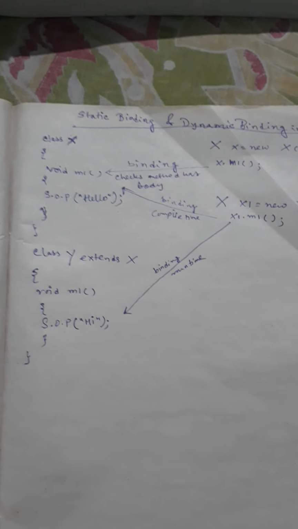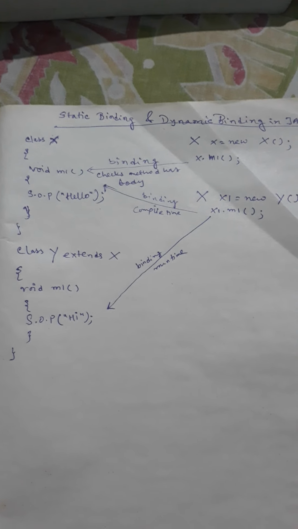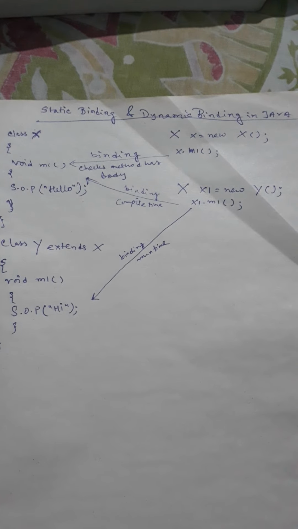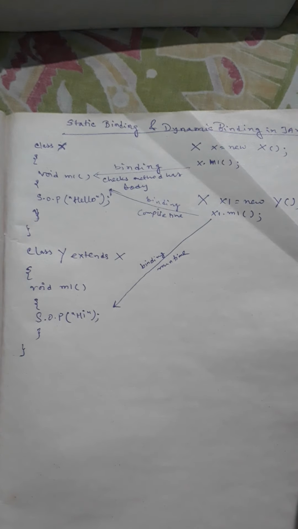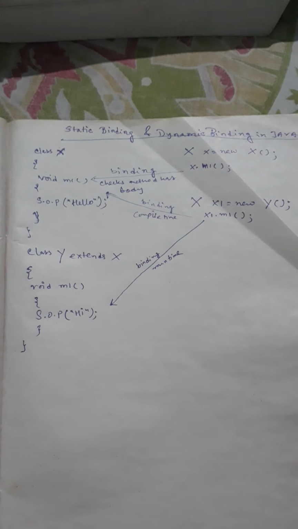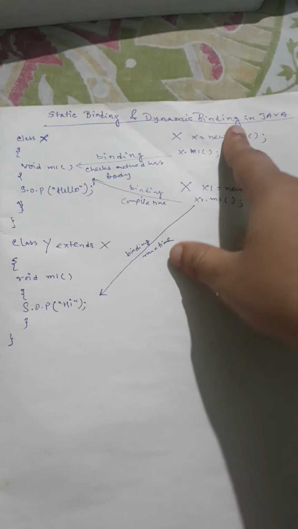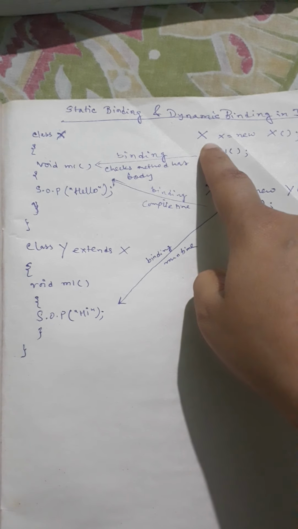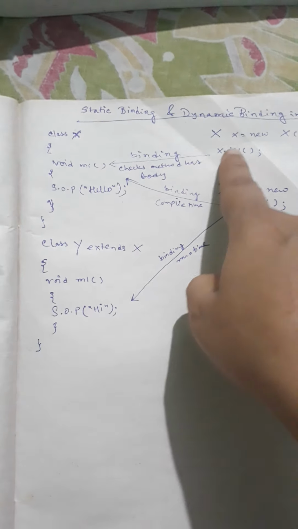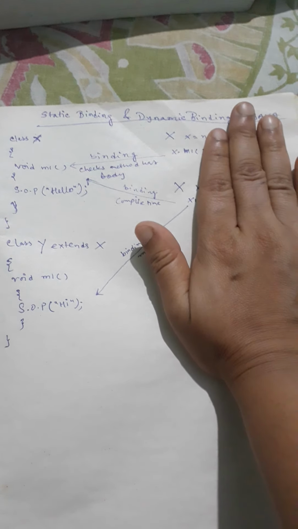Another example, static binding and dynamic binding. It is the same concept as runtime polymorphism and compile time polymorphism. Static binding is actually the same concept, called in a different way, meaning the name is different but the concept is the same. Static binding is the example of compile time, dynamic binding is the example of runtime polymorphism. X is the class name, x is the reference variable before declaring the object, before declaring the constructor.